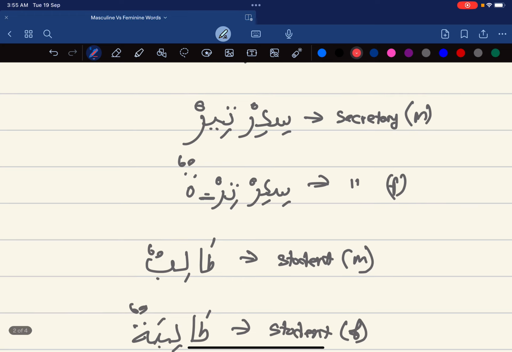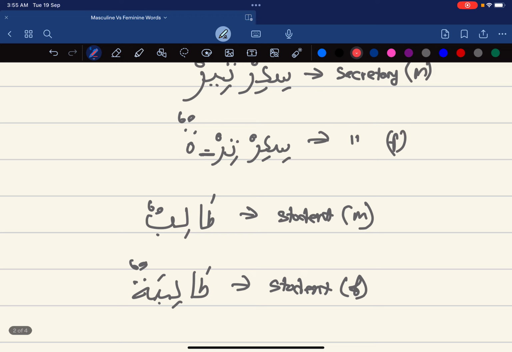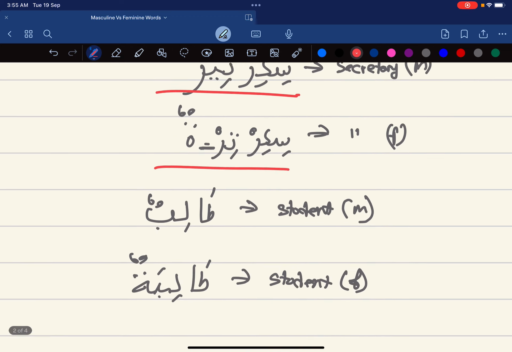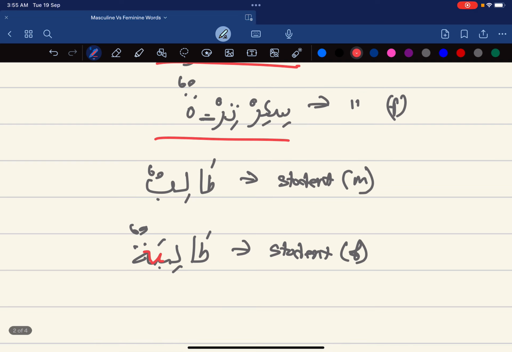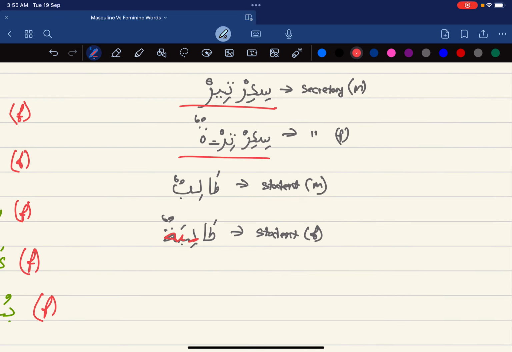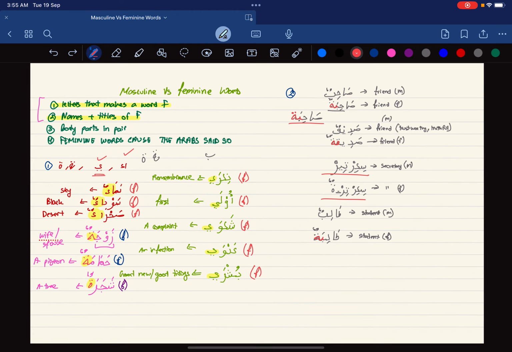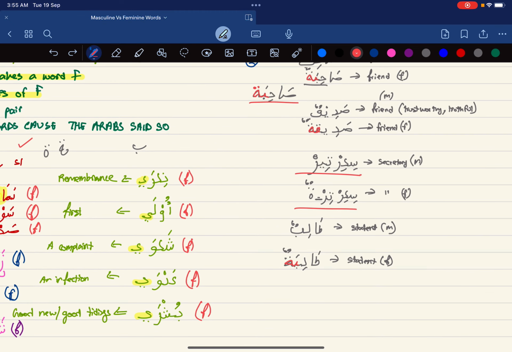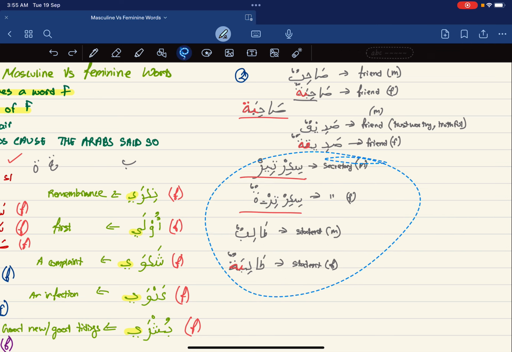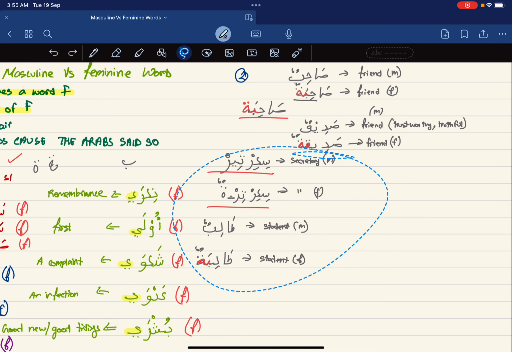And then we make it feminine. سكرتيرة. طالب طالبة. Okay, so we have this. I'm running out of space here.